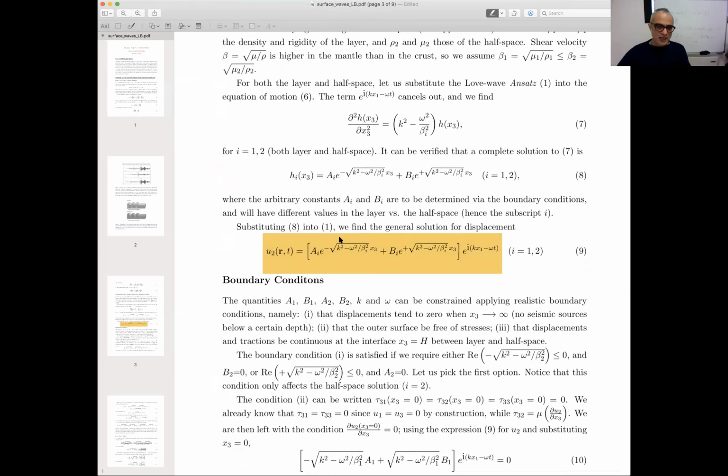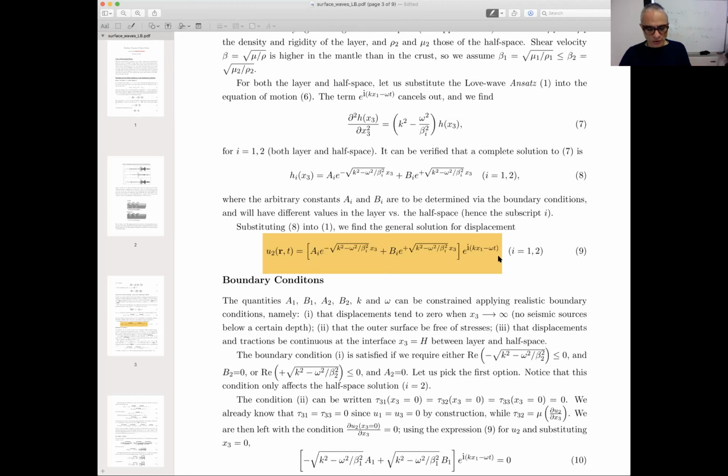in this general solution here, as to be expected for a second order equation, you have two arbitrary constants, okay? And since we have a layer and a half space, with these boundary conditions, we have to constrain 4 arbitrary constants.